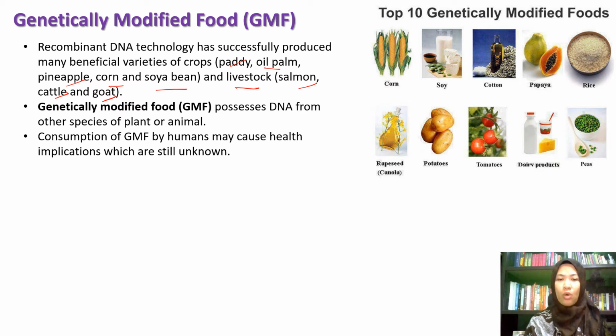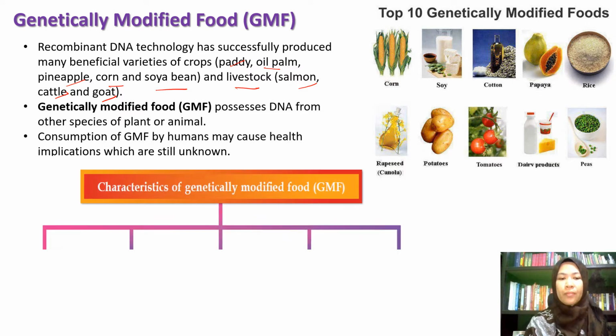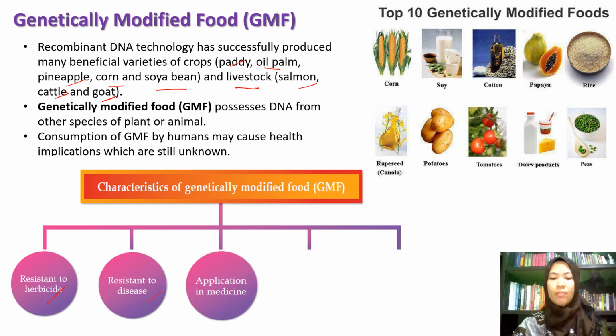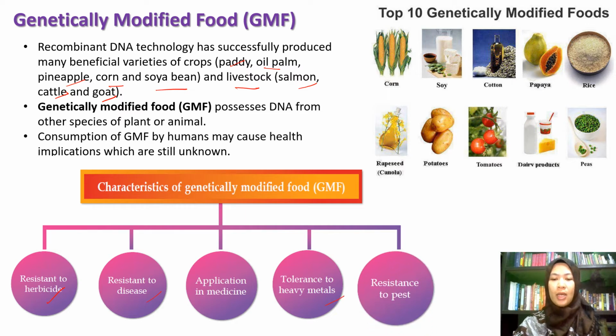But the consumption of GMF is still unknown. The long-term effect is still unknown. These are the characteristics of GMF: the first one, resistant to herbicide, rintang terhadap herbicide; next, resistant to disease; application in medicine; tolerance to heavy metals and resistance to pests.